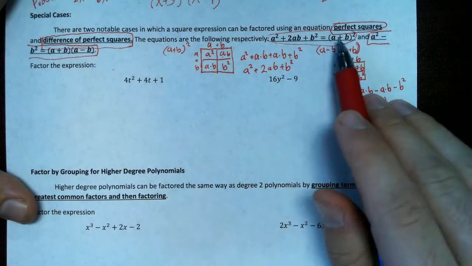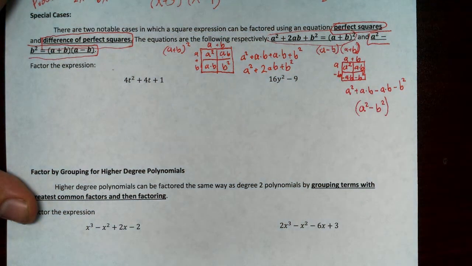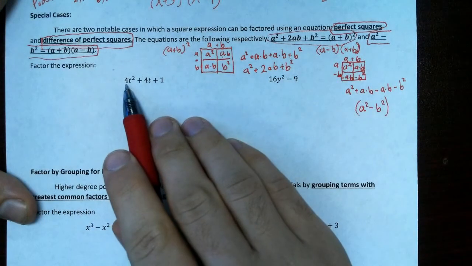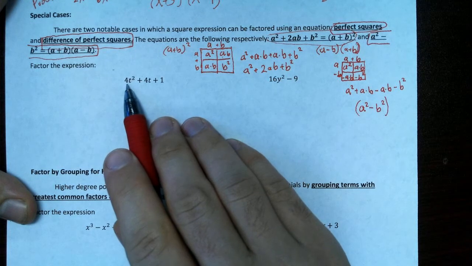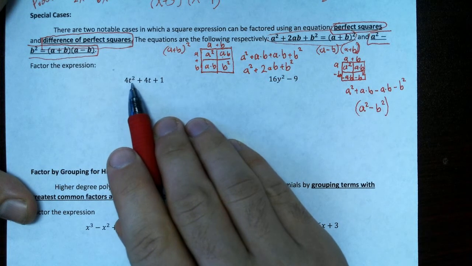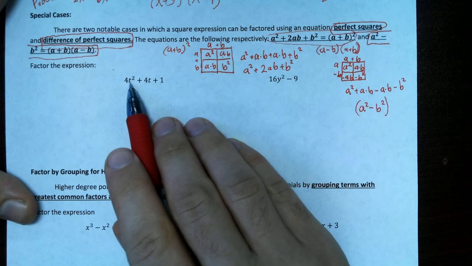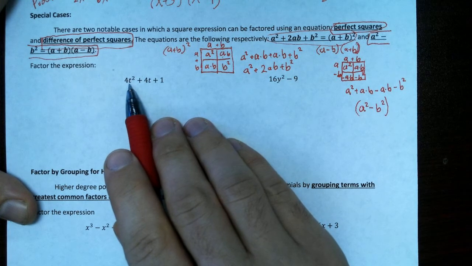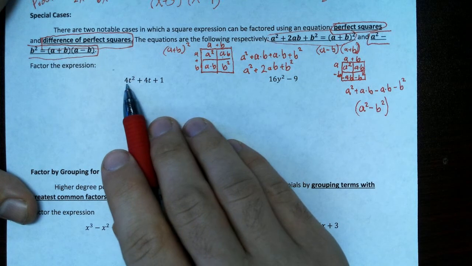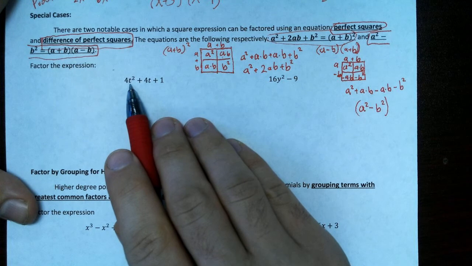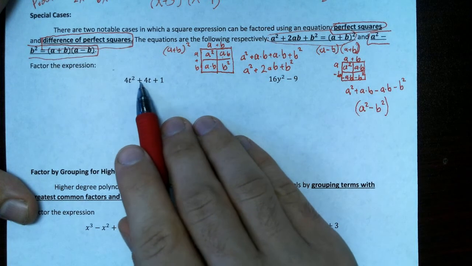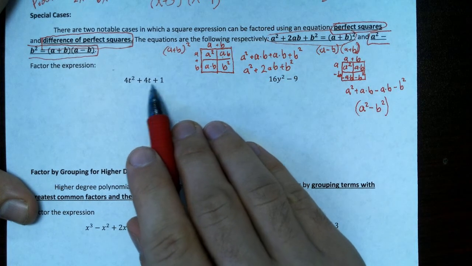Okay? So, taking advantage of these variants, I'm going to look at this and realize I have a 4 there, which is a perfect square. I have a t squared, which is also a perfect square. It's maybe a little unfamiliar to say that, but it's a t times a t, just like 4 is a 2 times a 2, which makes it a perfect square. Plus 4t plus 1.